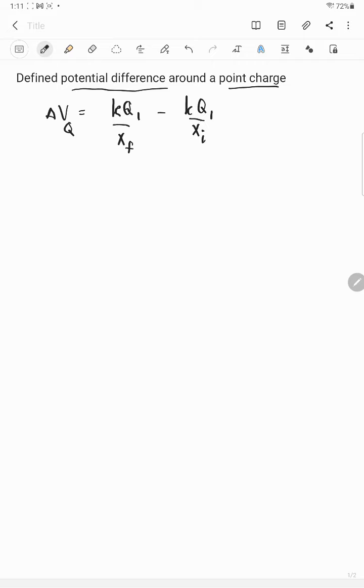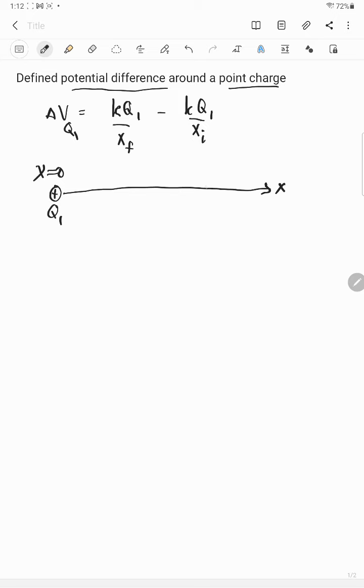So the idea is, if I have a charge called Q1, here it is, and I was imagining it to be a positive charge, but I'll show you during this little lecture what it would look like for negative charges. But anyways, the idea is I've got two places on an x-axis, and I'm imagining Q1 to be at the origin, although it doesn't have to be.